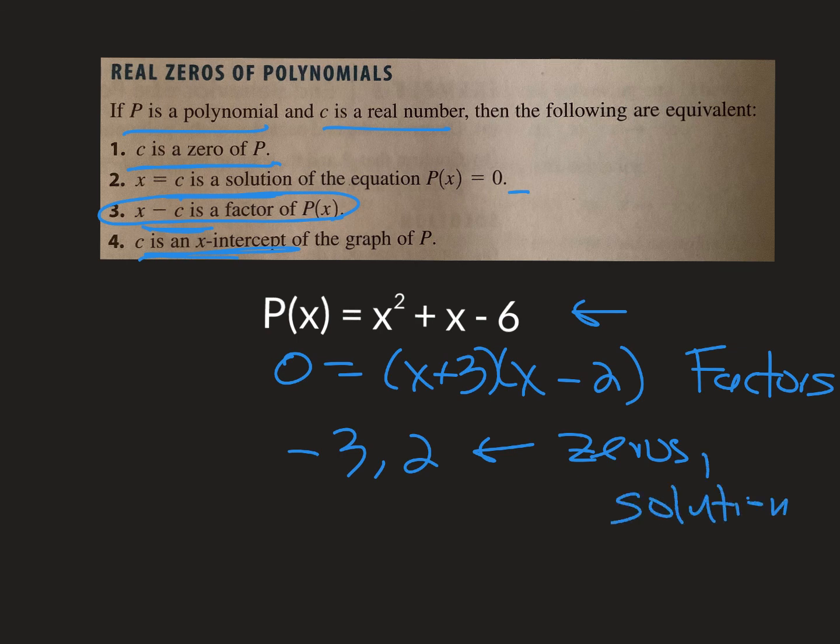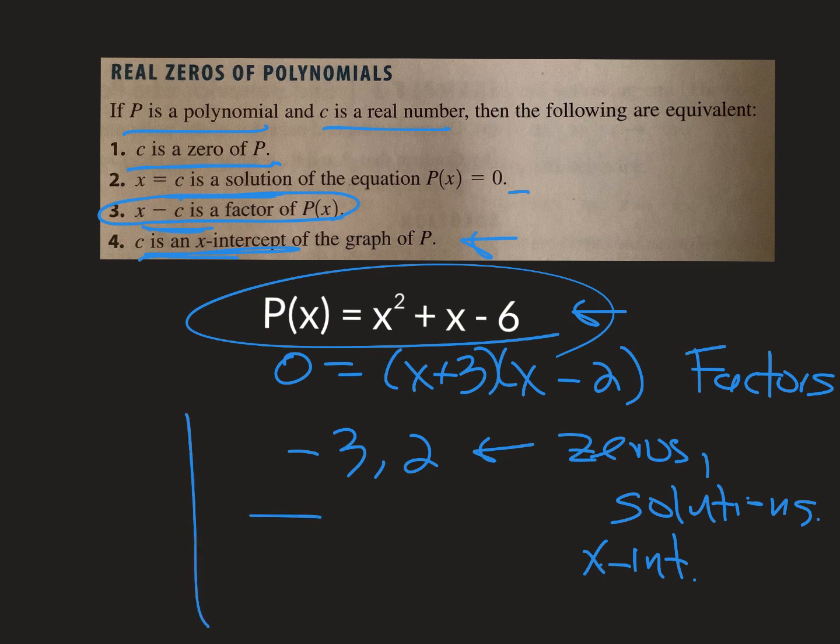Not only are they solutions and zeros, but they're also x-intercepts. If I were to graph this polynomial right there, it would cross the x-axis at negative 3 and 2. Those would be 2 points on the graph. So the graph may do something like this. It's a parabola for sure. It may do something like that, but it's going to cross the x-axis at those 2 points. So those two numbers, when you do that, factors are what you get when you factor.